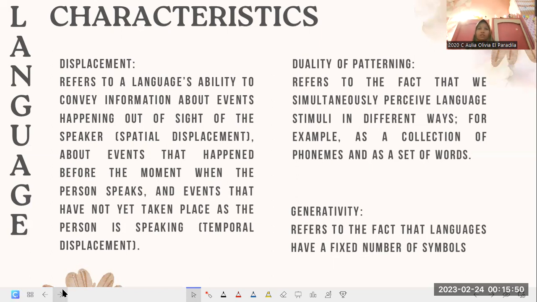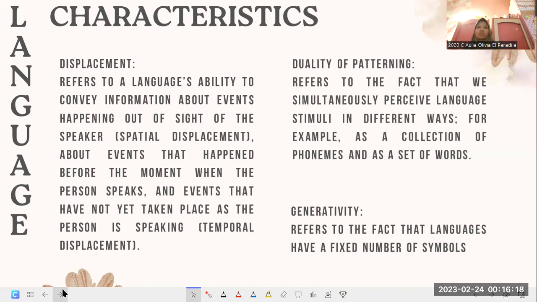Or we can call it temporal displacement. Different languages accomplish displacement in different ways. English has a system of auxiliary verbs such as will, was, were, had, and affixes to signal when an event occurred relative to the moment of speaking or relative to other events.